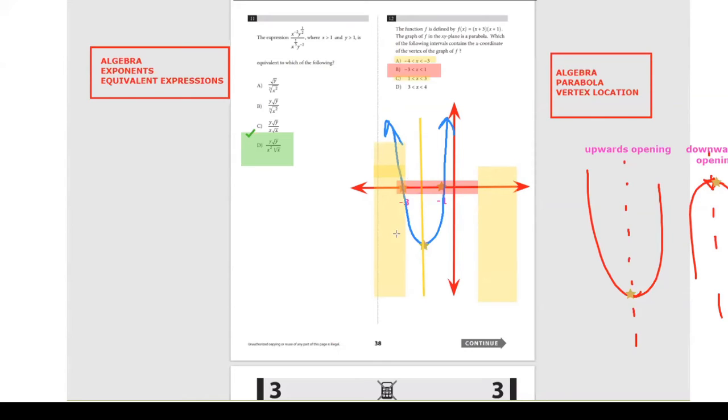But the vertex isn't in there. The vertex is in between this region. And also 3 and 4 is even further to the right. So for the correct interval, you would be searching for the turnaround point of this vertex in between those values. In fact, we do know that it's at -2 because it's the midpoint of the roots.